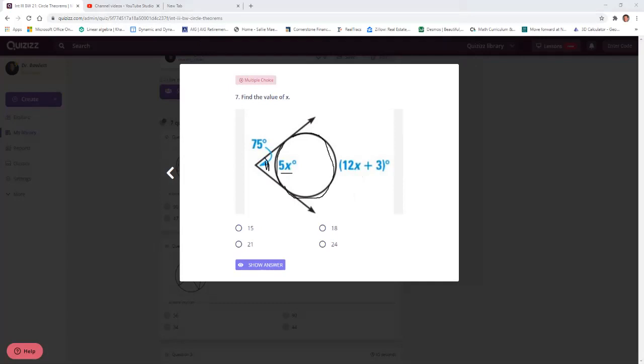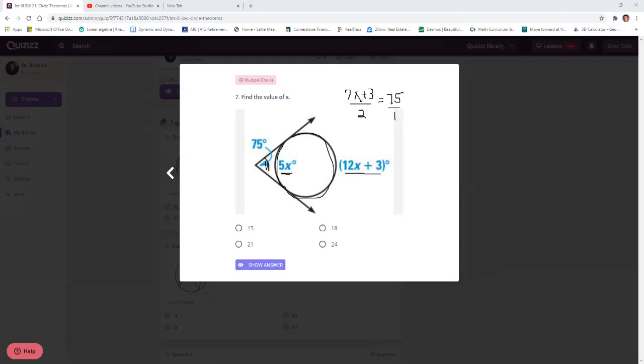So I'm going to say 12x plus 3 minus 5x. Well, 12x plus 3 minus 5x is going to be 7x plus 3. And if I divide that by 2, that has to be equal to the angle, which is 75. And again, I can write this as 75 over 1.